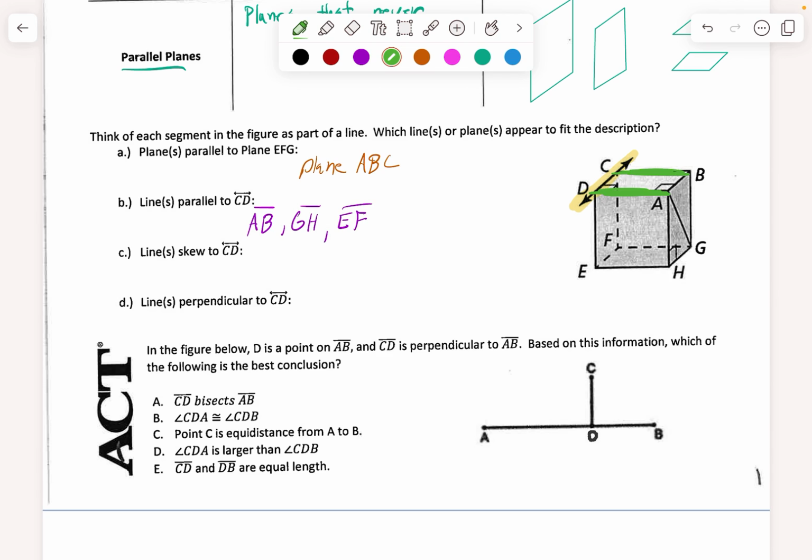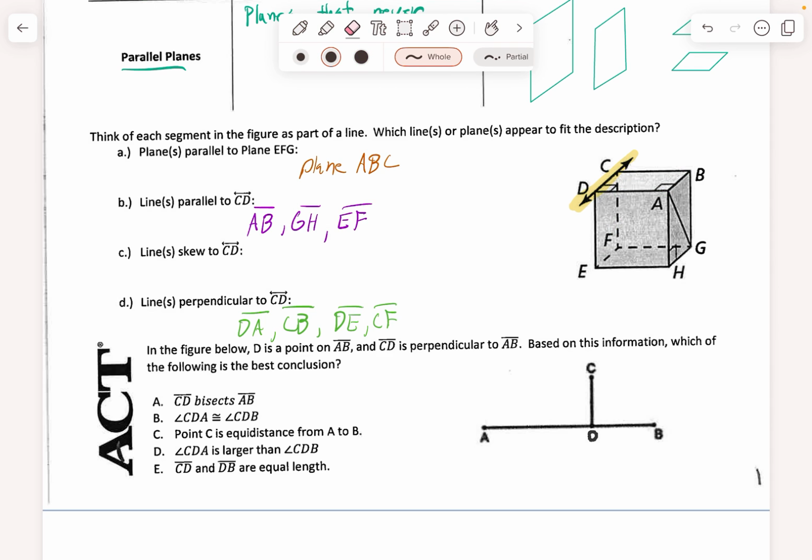So I'd say those two, DA and CB. There's some more. I'd say DE and CF. Up and down, and then anything intersecting that line would have been good, especially since it's a cube.